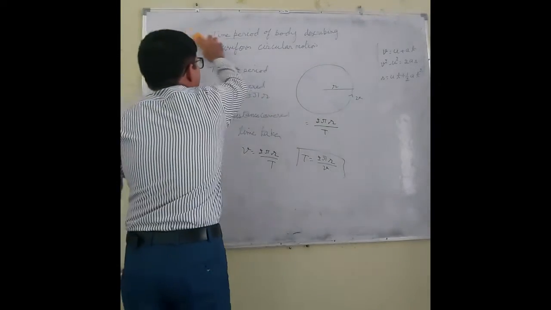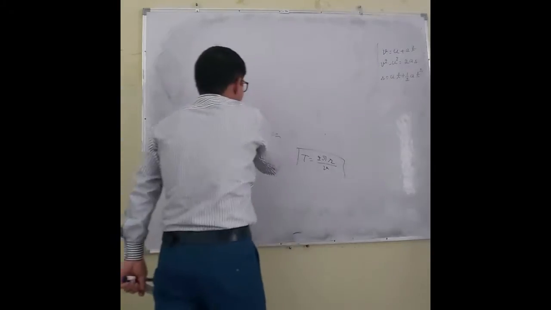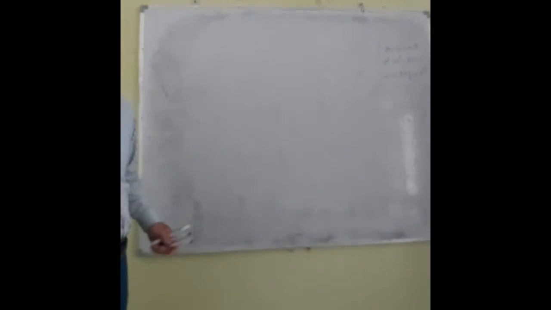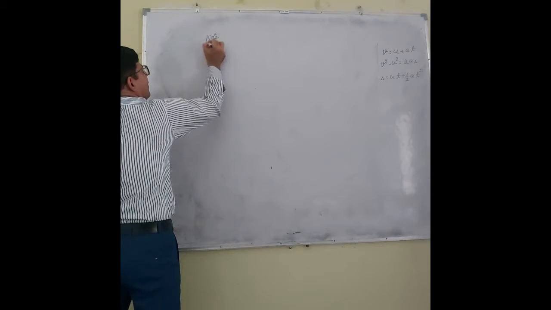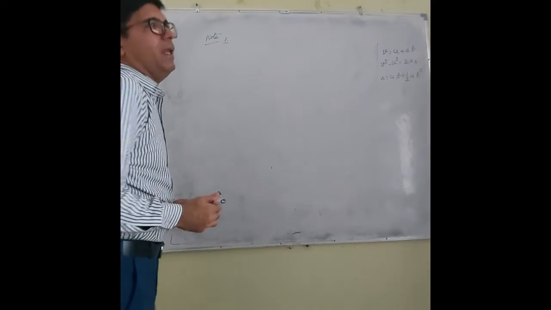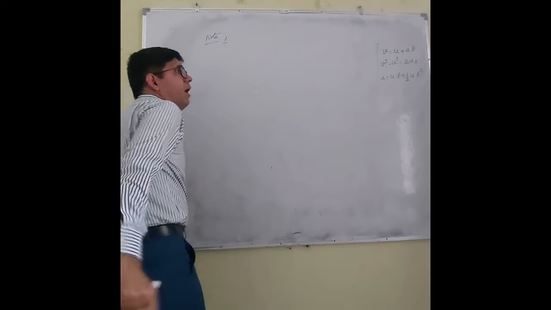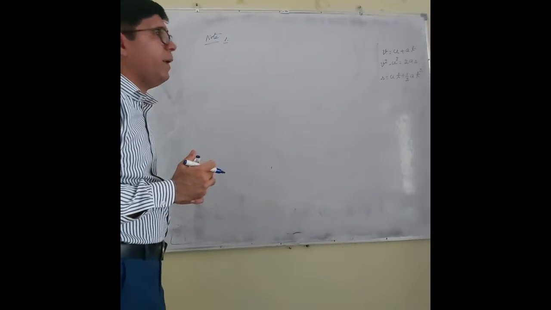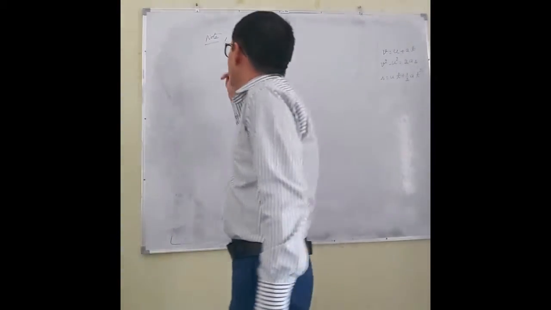Now let me summarize what we have done. Remember these points about circular motion. The first point: the direction of velocity of a body describing uniform circular motion is given by the tangent.